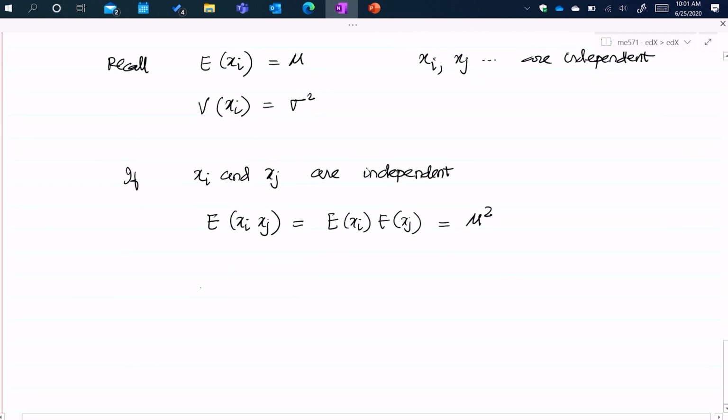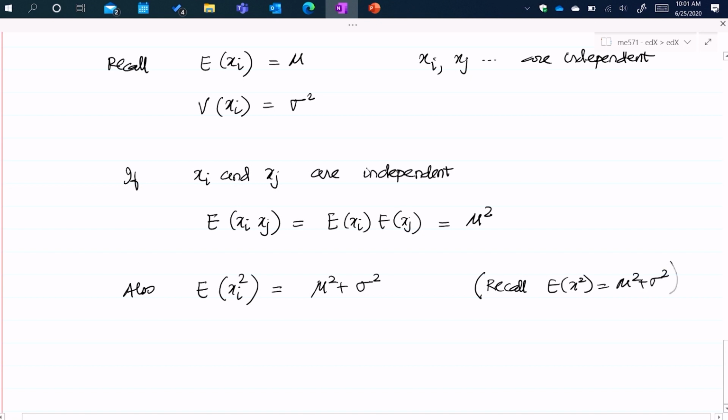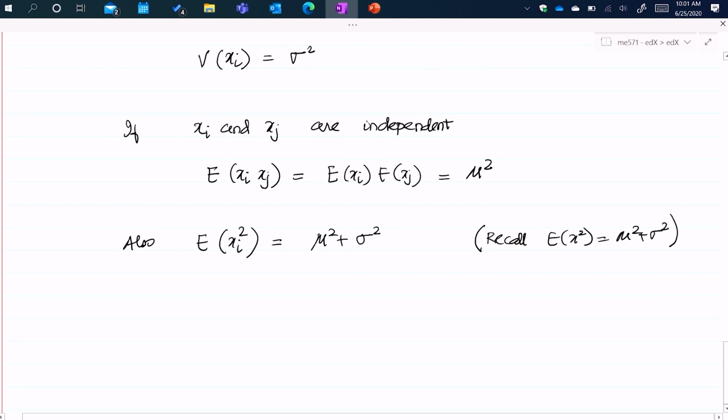And also the expected value of xi squared is the same as mu squared plus sigma squared. Recall expected value of x squared is equal to mu squared plus sigma squared. So we're going to say expected value of xi squared is mu squared plus sigma squared, given the property of expected value of xi, and the variance of xi.